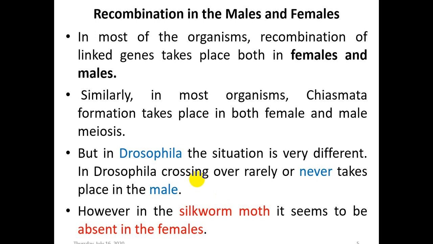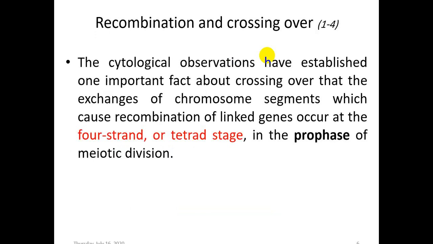So in the Drosophila male it's absent, and in the silkworm it's absent in the females, while most organisms including man may have it in both sexes, male and female. Okay.